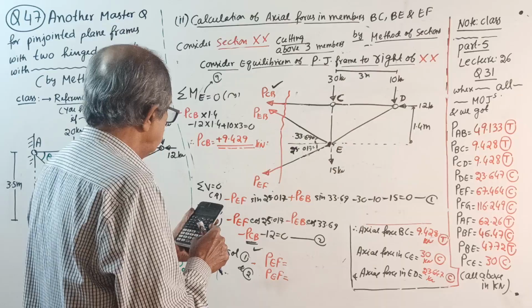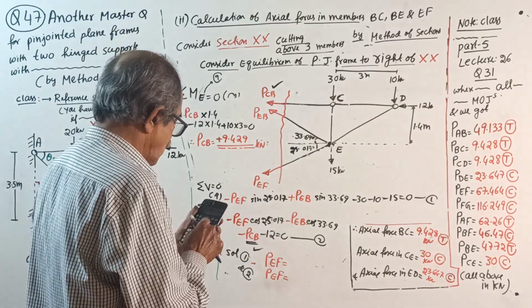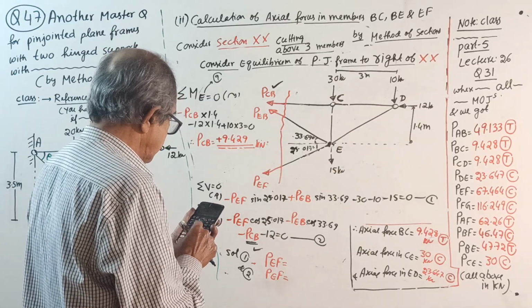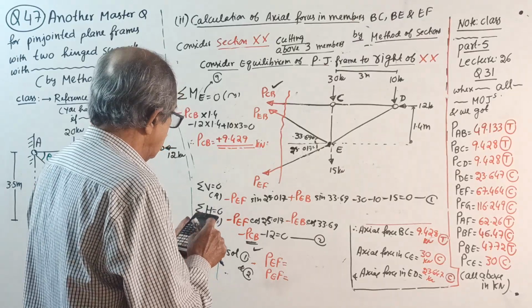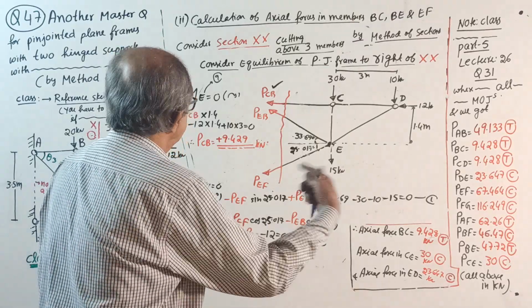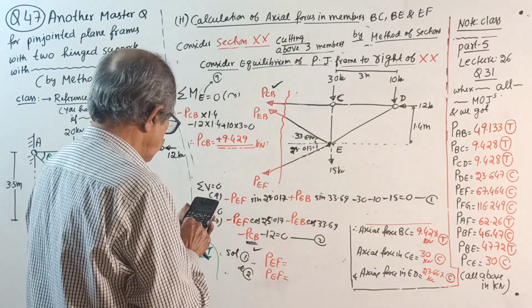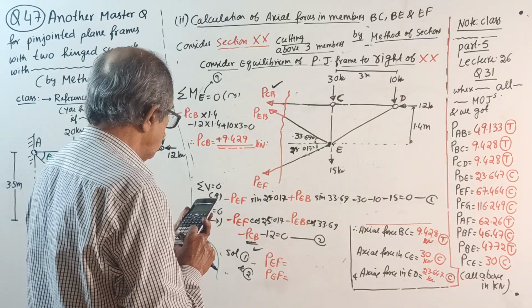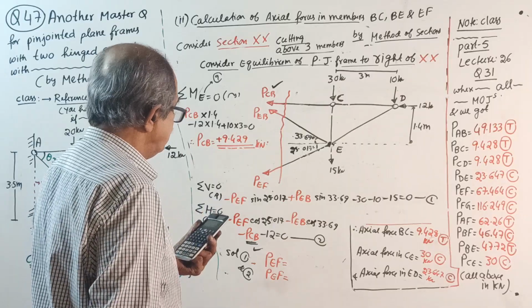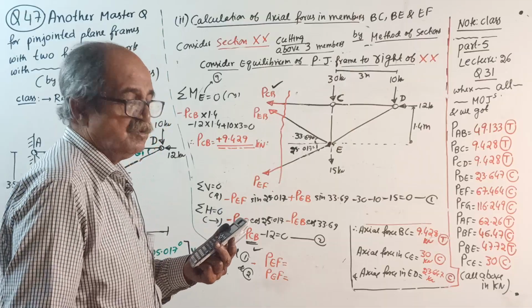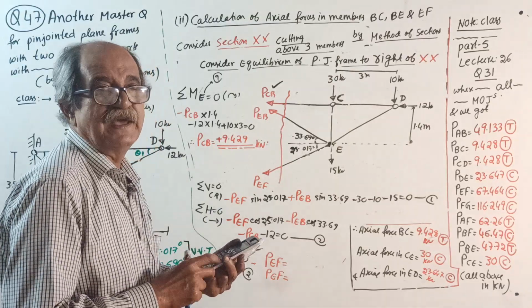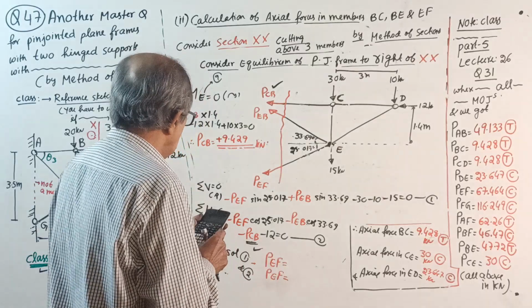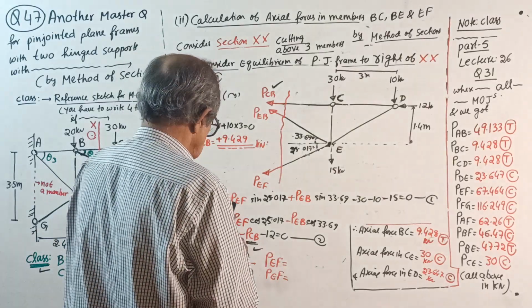Next one: minus cos 33.69. And constant minus PCB is plus PCB there. 9.429 and plus 12, equal to. What is this? It is telling 382. I don't know what to do for the calculator. These all beyond my control.